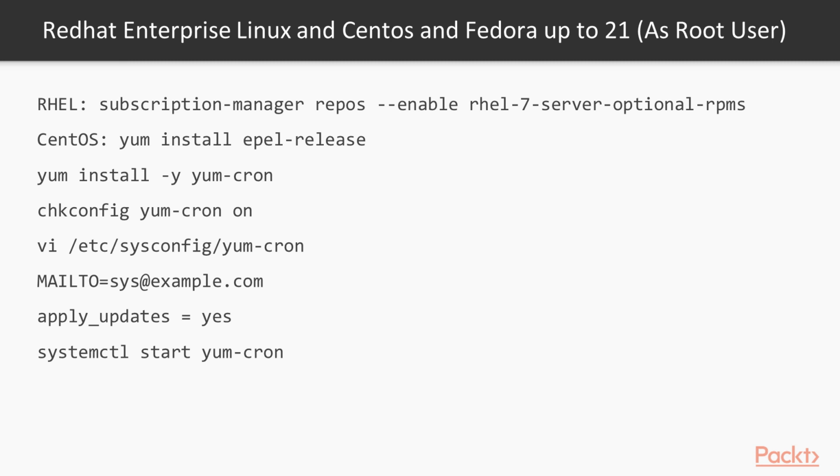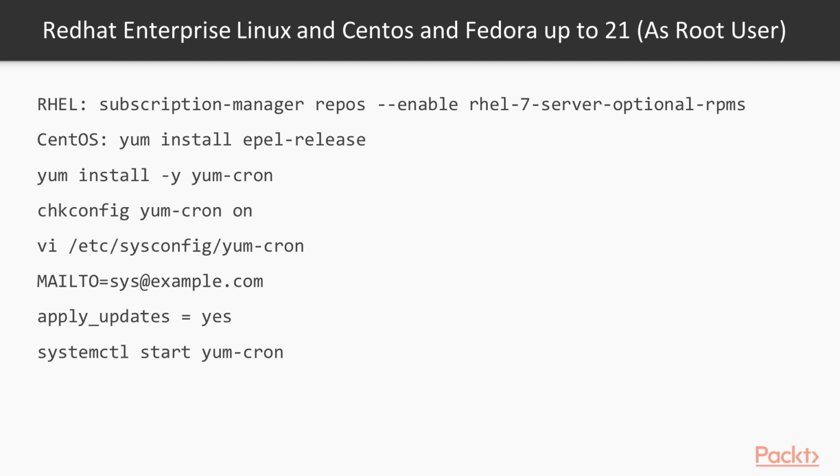For CentOS, install epel-release, and afterwards install the yum-cron package. The yum-cron package is a cron job, so on a regular basis it's executing security updates. The chkconfig command enables this service so it is running.